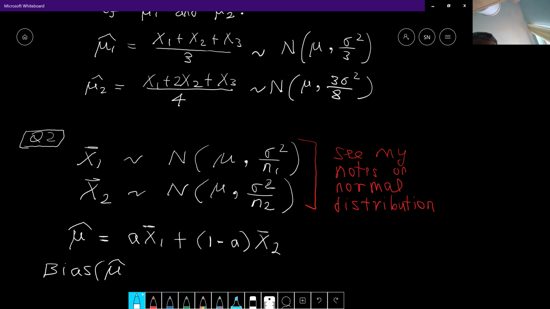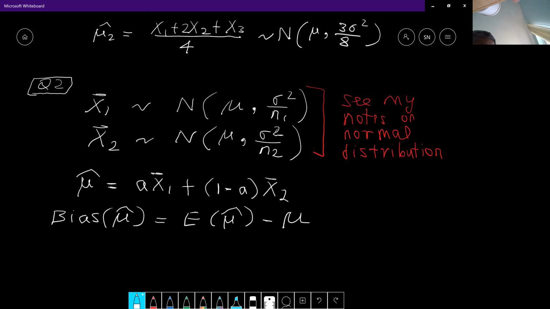The bias is the expectation of mu hat minus mu, which is the expectation of a x bar 1 plus 1 minus a x bar 2, minus mu.